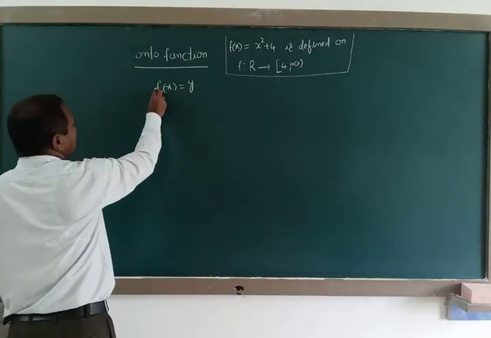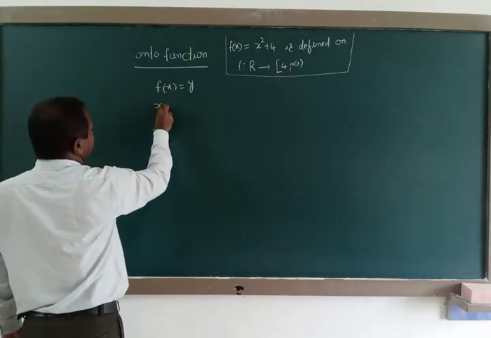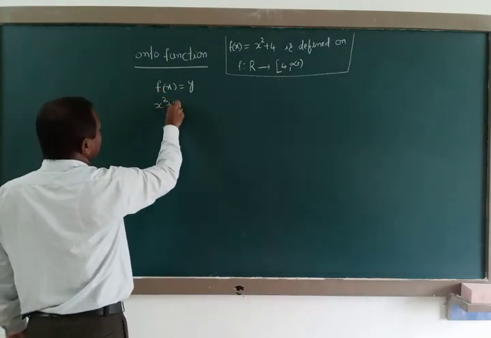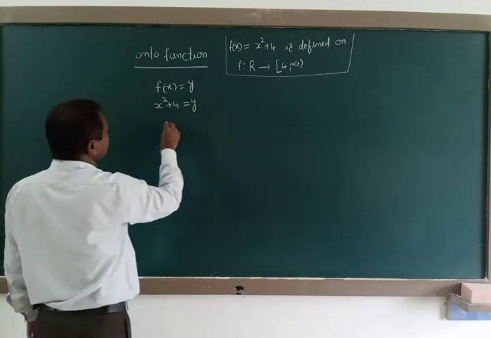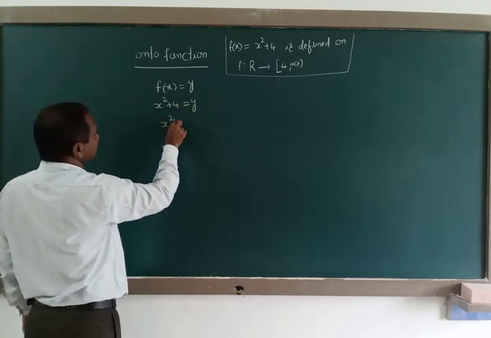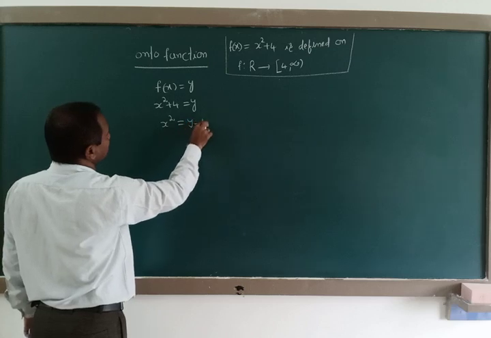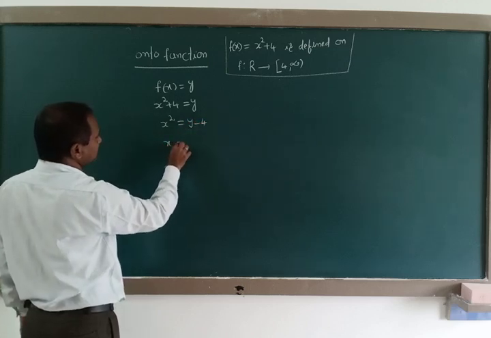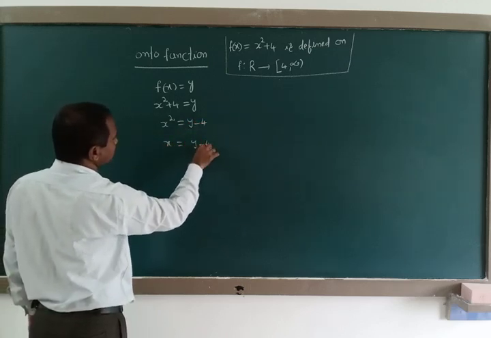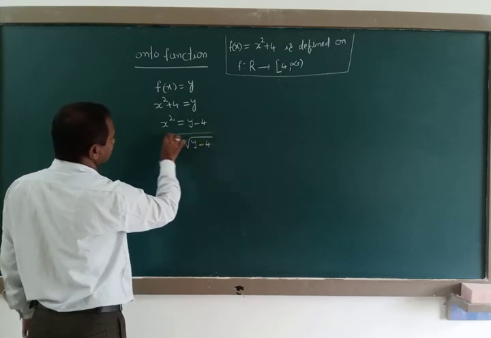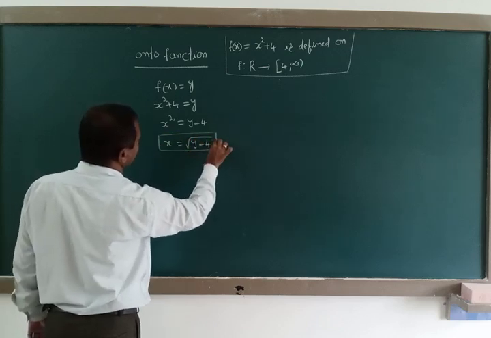f of x is equal to y means here we can write x square plus 4 is equal to y. x square is equal to y minus 4. x is equal to square root of y minus 4. We represent this as equation number 1.